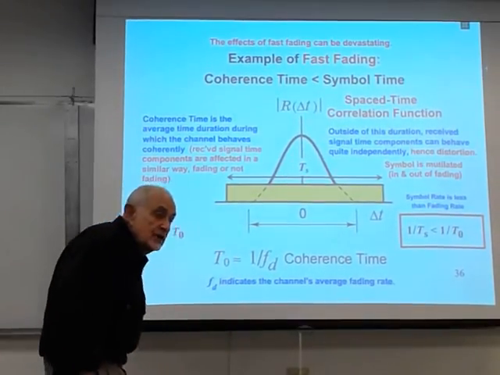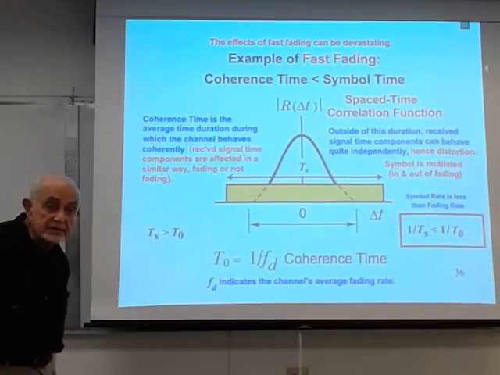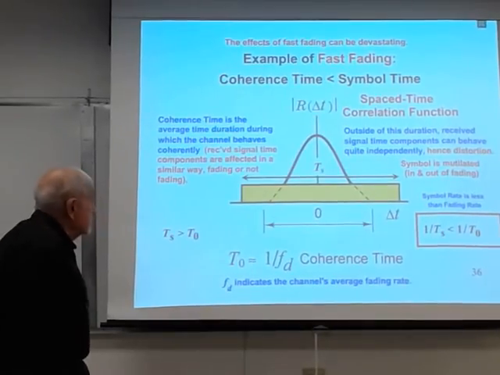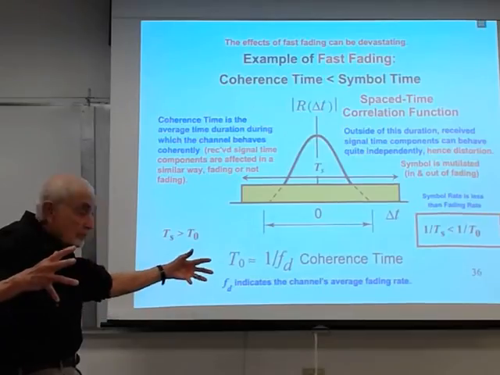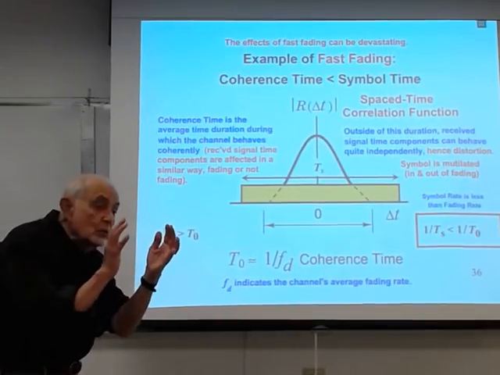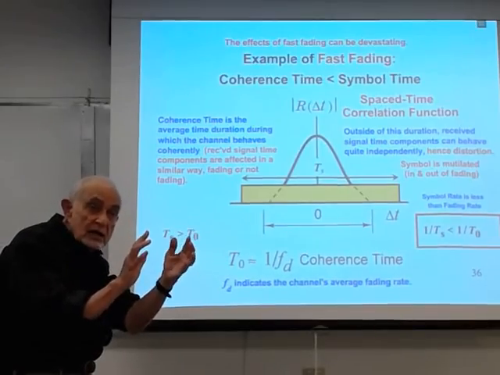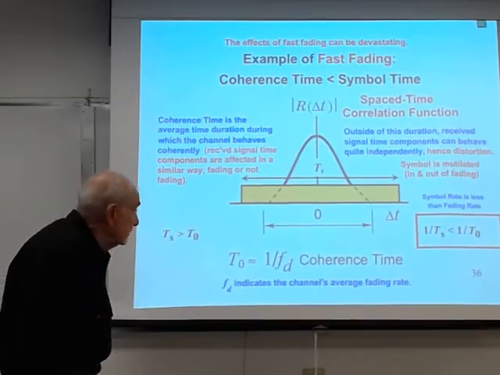So with fast fading, you may not even have an opportunity to easily sync up on a system that's doing fast fading, because the size of your pulse is so much larger than what is reliable. Think of the coherence time of the channel as a reliable region in this moving adventure that you're on.